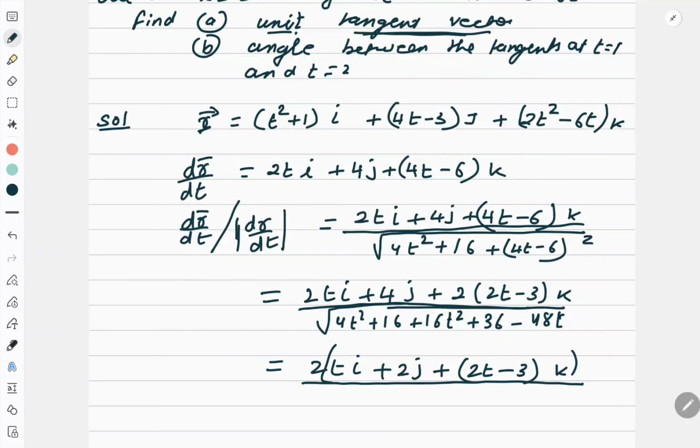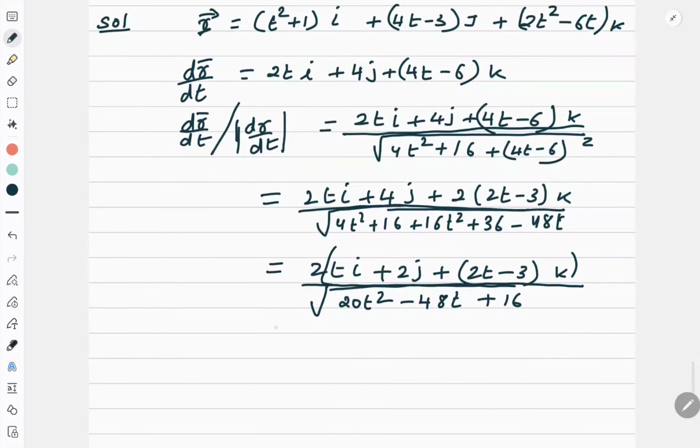Okay, this will become 16 plus 4 is 20t square, right? So 20t square, then minus 48t plus 16. If you observe, 4 is a common factor in the denominator, which when it comes out will be 2.